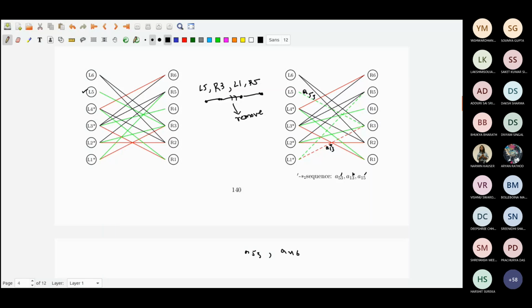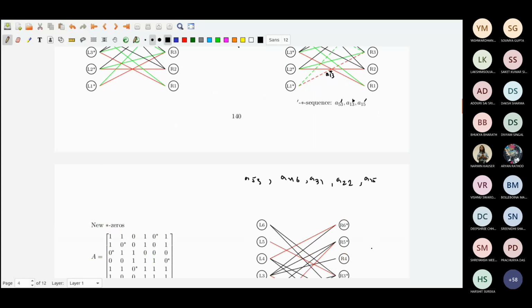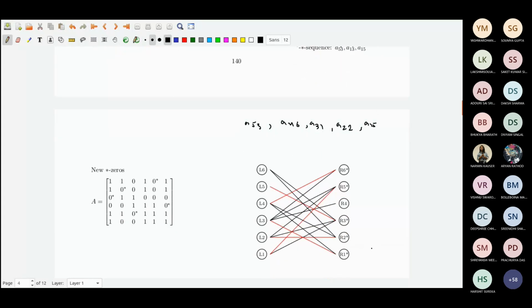A46, that is 1. A31 we would have got, and A22, and A15. So that is the augmenting path, and therefore we have got these 5 stars, A15 and A22 and A31 and A46 and A53, and these are the edges.